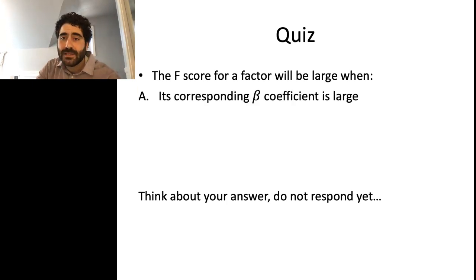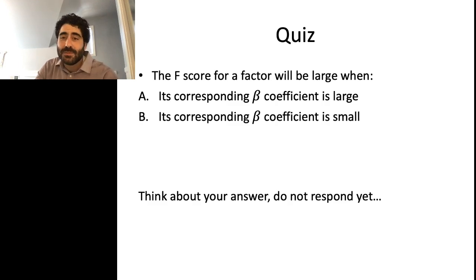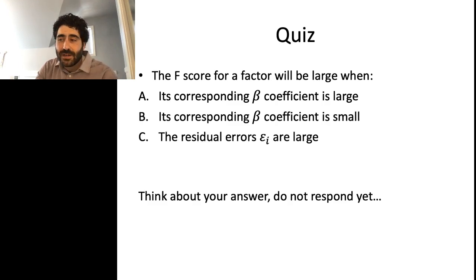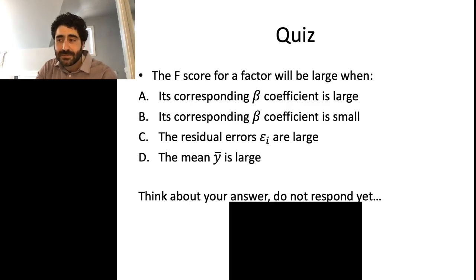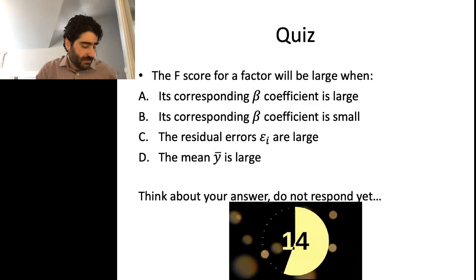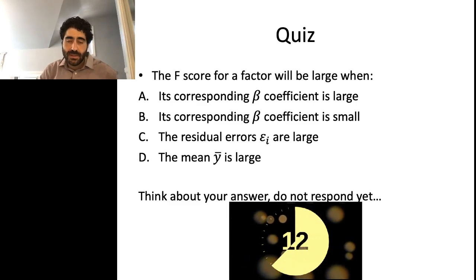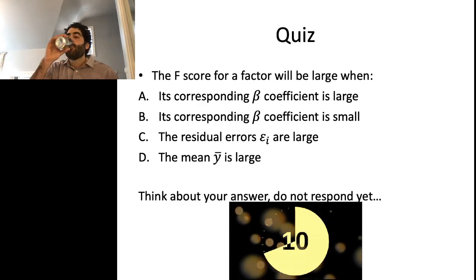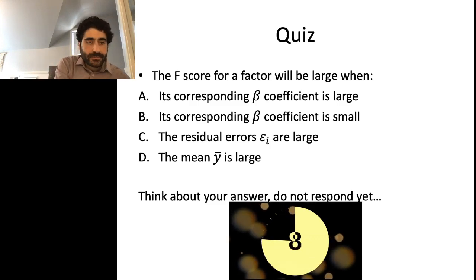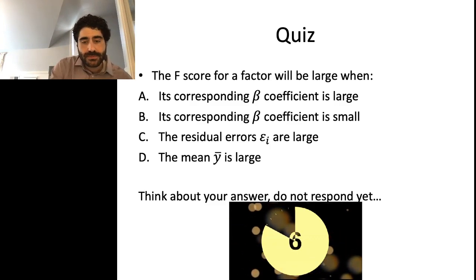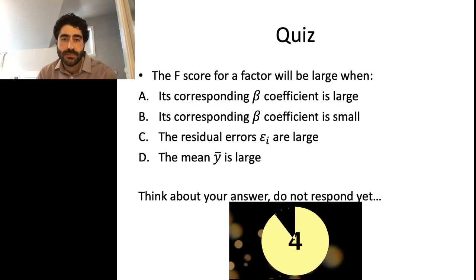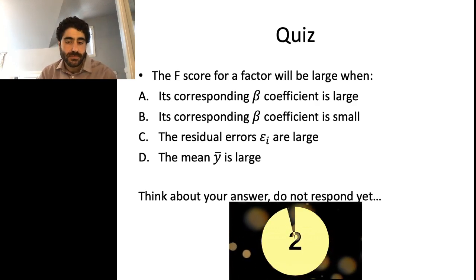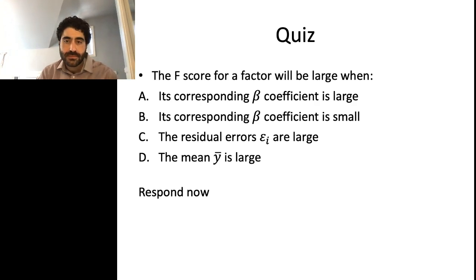Is it when the corresponding adjustment for that factor is big, when the adjustment is small, when our errors are big, or when the mean is large? Okay, so what do we think?